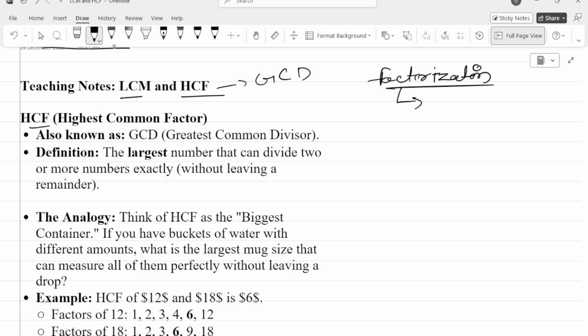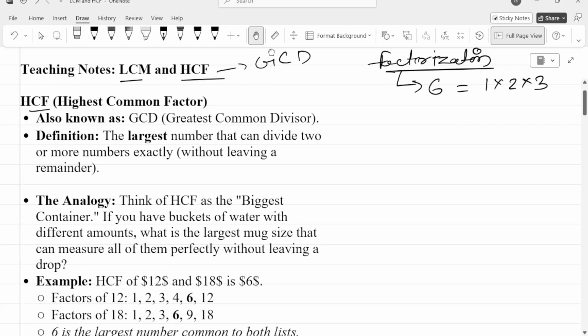What is factorization? If we take a smaller number, for example 6, its factors are 1, 2, 3, 6. We use this for LCM and HCF, and there are a lot of uses.